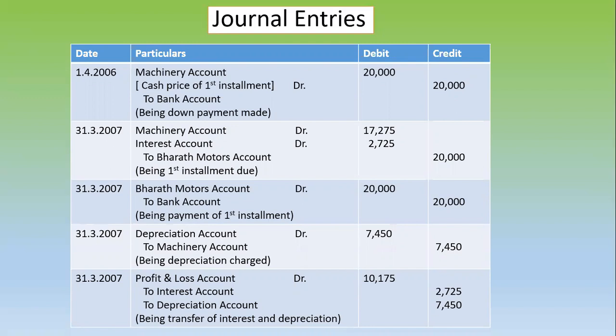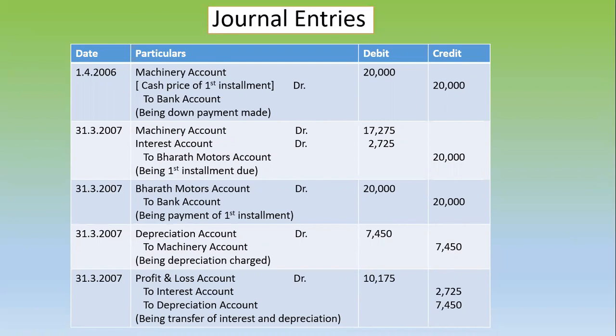So machinery account debit to bank account 20,000, and the second entry is for the first installment due. Here the installment value will be 20,000. He needs to pay the installment to Bharat Motors account, and the 20,000 includes the machinery value plus the interest amount. The machinery value is nothing but the cash price value for the first installment, right?